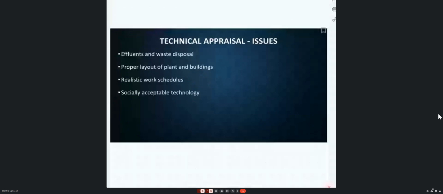Then proper layout of plants and buildings. So for example, let's say you have a vehicle plant. So every stage of the vehicle should be in a particular order.